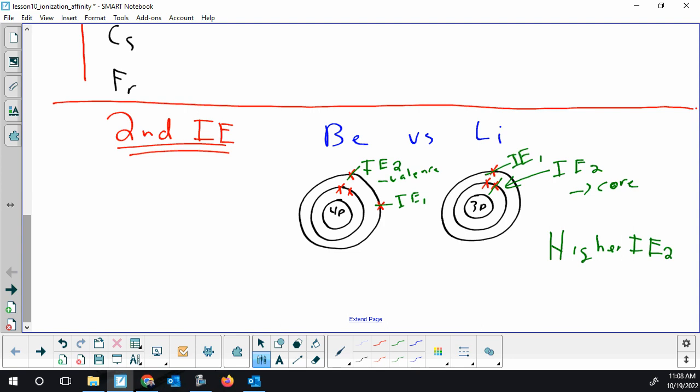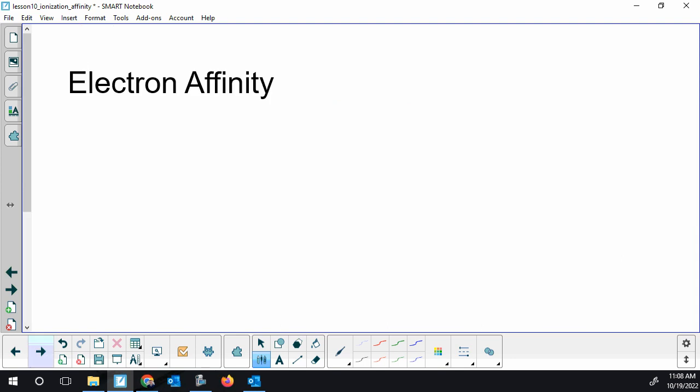So that is losing electrons. We're going to look at gaining electrons, electron affinity or attraction, to end the unit. I'm going to use a generic symbol. I'm not using an atomic element here.